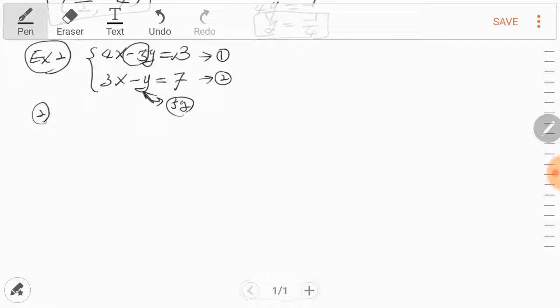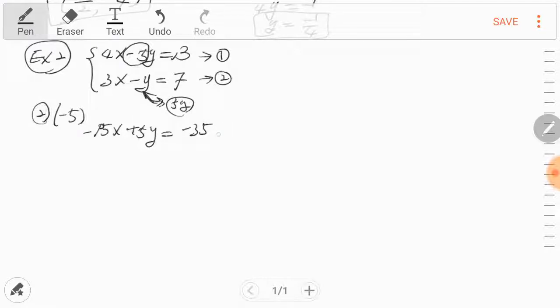So multiply the second equation by negative 5. Then this will be negative 15x plus 5y equals negative 35. So this is the second equation.